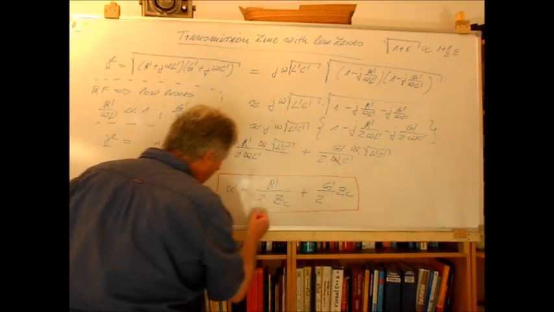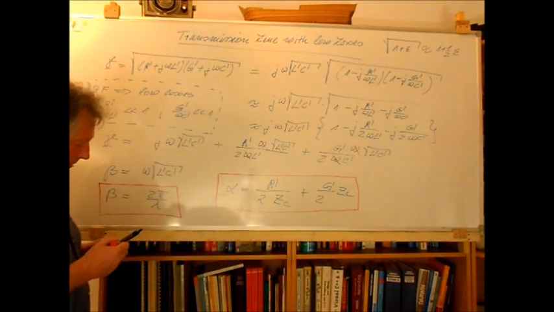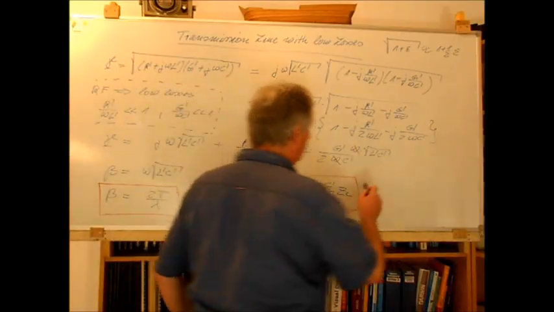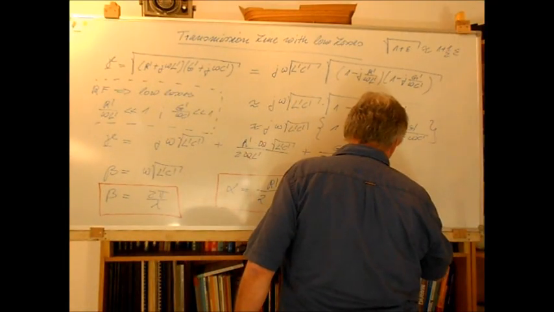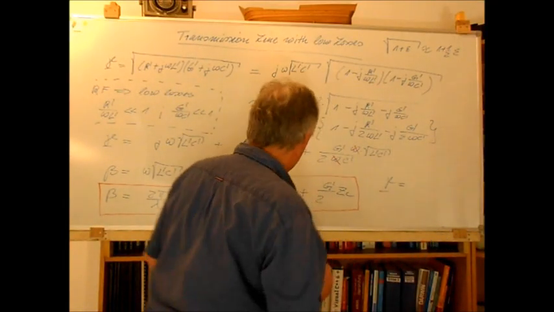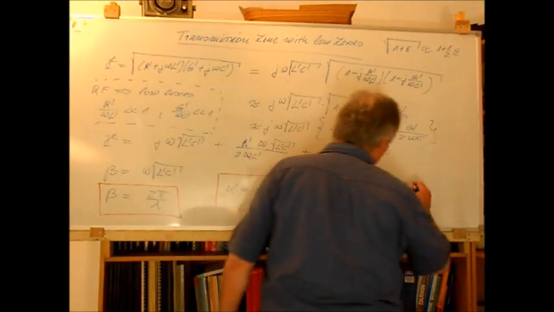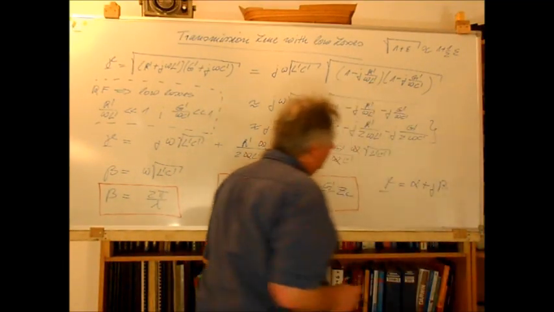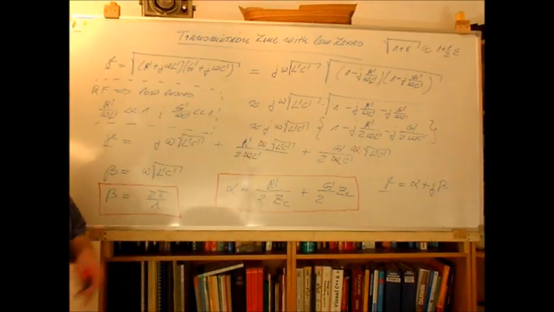This we will discuss later, and we will get for gamma in total now: gamma, the wave propagation constant, will be alpha plus j beta. And this we will again have a look at later.